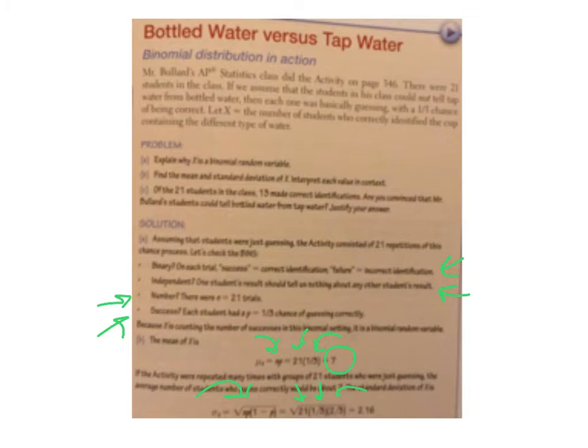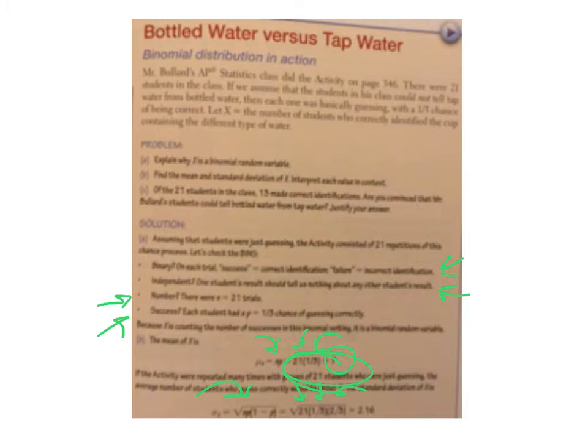What that tells me is that if I were to do this lots and lots of times with groups of 21 students, because I can only apply this to groups of 21 students, then the number of correct identifications would typically be about 7, with a standard deviation of 2.16.